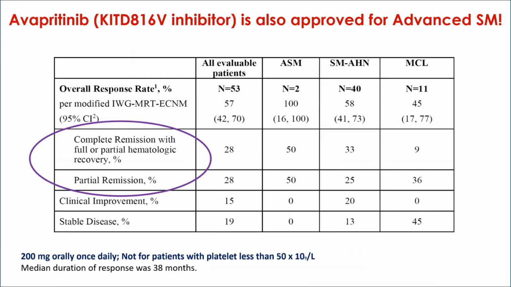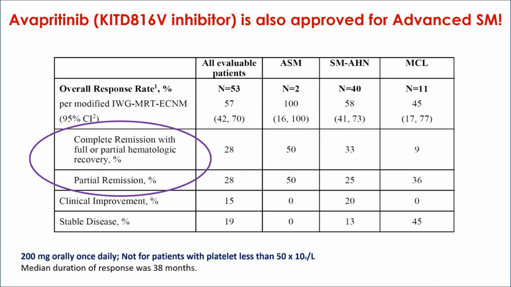So midostaurin and now avapritinib are approved therapies for systemic mastocytosis. Remember, imatinib for those that do not have a KIT D816V mutation, right?